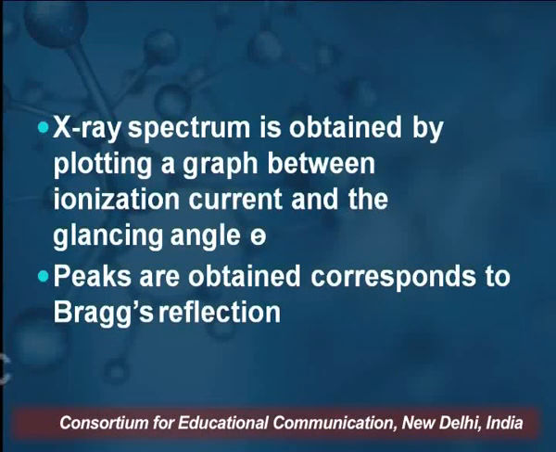Now the X-ray spectrum is obtained by plotting a graph between the ionization current and the glancing angle theta. As the angle theta changes, the ionization current changes. That will explain the graph plotted between the ionization current and the glancing angle. Peaks are obtained corresponding to the Bragg's reflection, and those peaks explain the structure of the material.